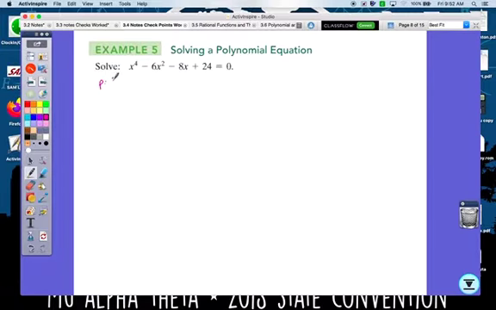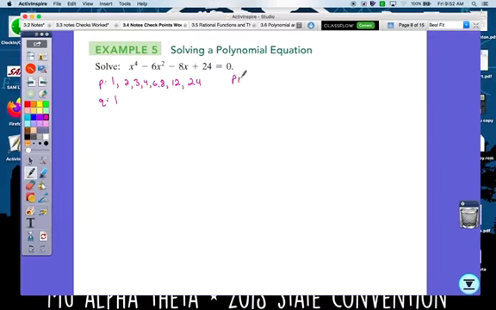We've got 1 and 24. We've got 2 and 12. We've got 3 and 8. And we've got 4 and 6, and all those are positive or negative. Our q's, we've got the 1 here in front of x to the 4th, so 1.